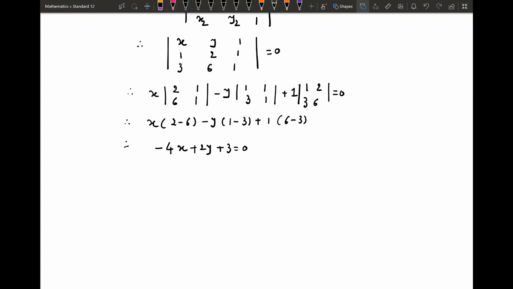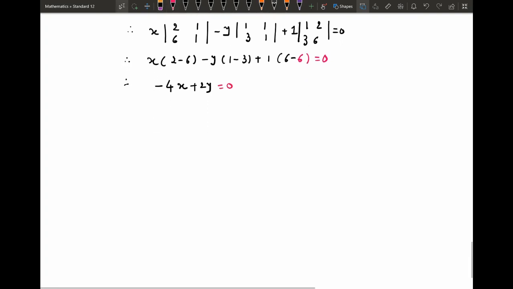So let us correct it: 6 minus 6 equal to 0. So this is minus 4x plus 2y equal to 0, or 2y equal to 4x, or y equal to 2x. So this is the required Cartesian equation.